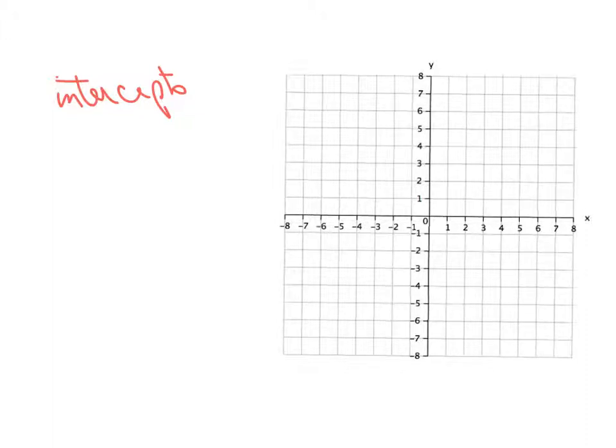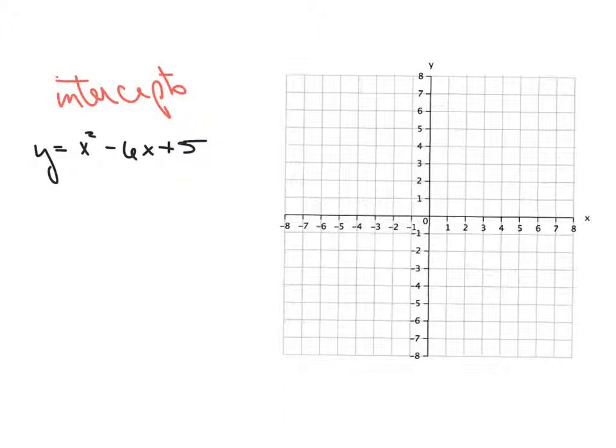Okay, so let's look at example number 5. It gives us the equation y equals x squared minus 6x plus 5, and we want to find the intercepts.